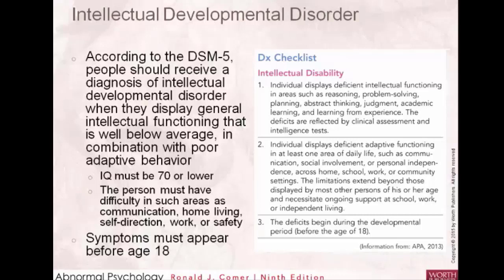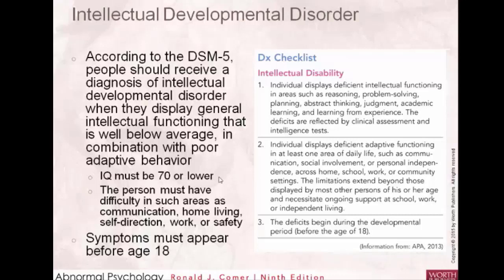with the previous name. So intellectual disability or an intellectual developmental disorder refers to an individual whose intelligence is below what we would expect for their age, and they're also going to have some problems with adaptive functioning. So what we're saying here is that a person's intelligence quotient, which is a score on an IQ test, which we'll talk more about in just a second, must be 70 or lower, roughly in that range.